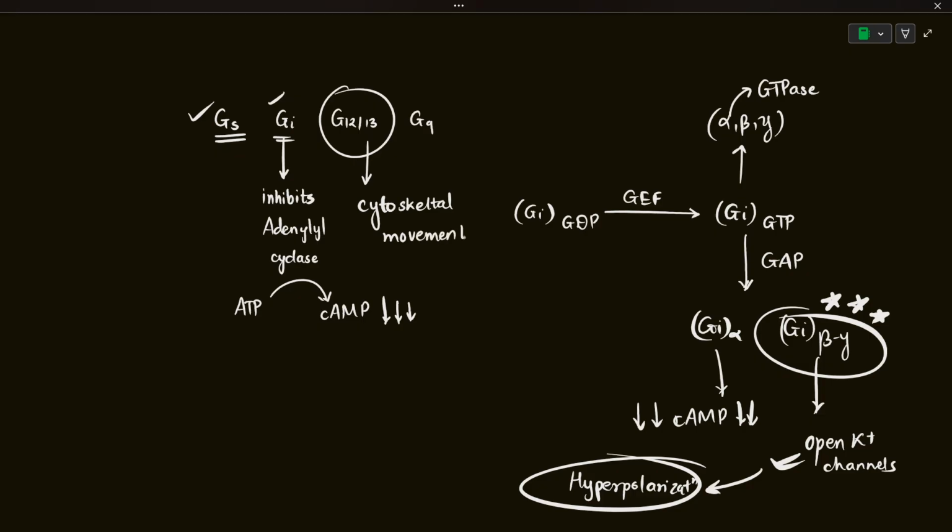Actually, the GEF which works on G12 and G13 is different. The Rho GEF works on this G12, G13 protein. We are not meant to learn this protein in detail.